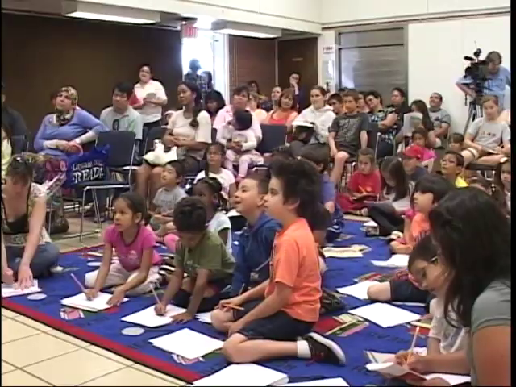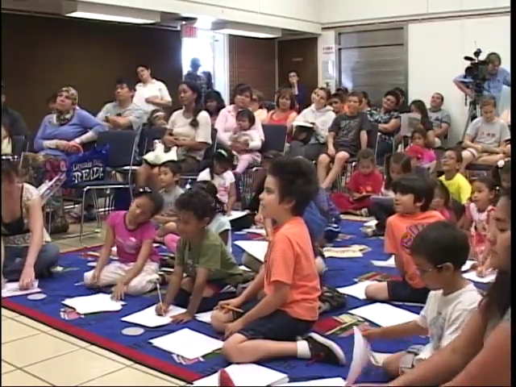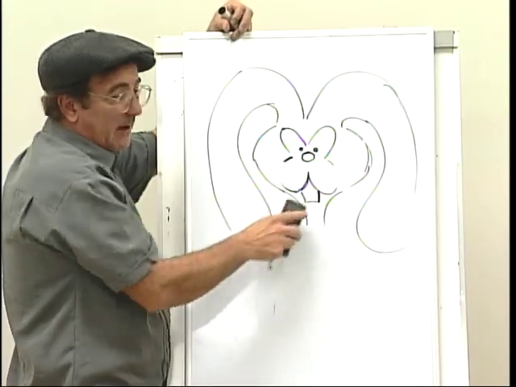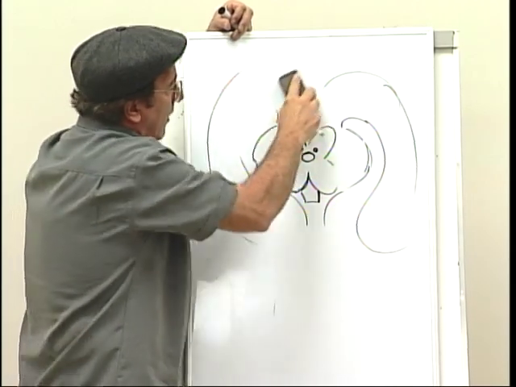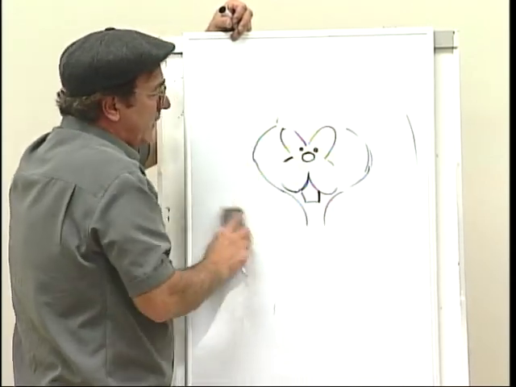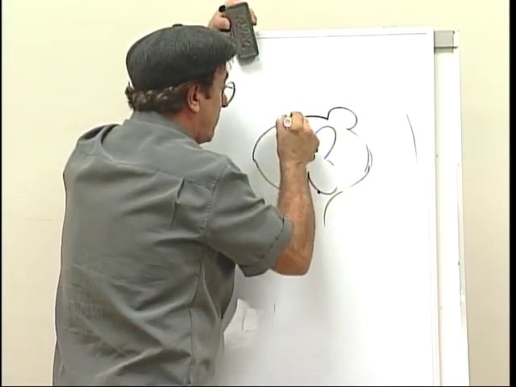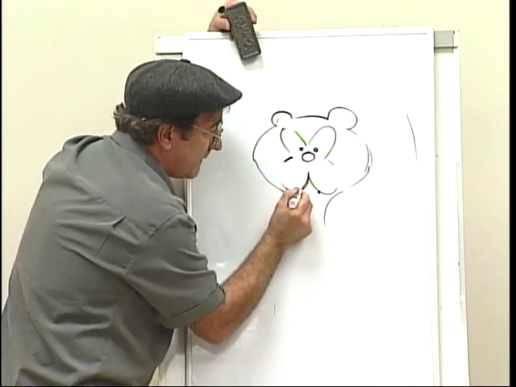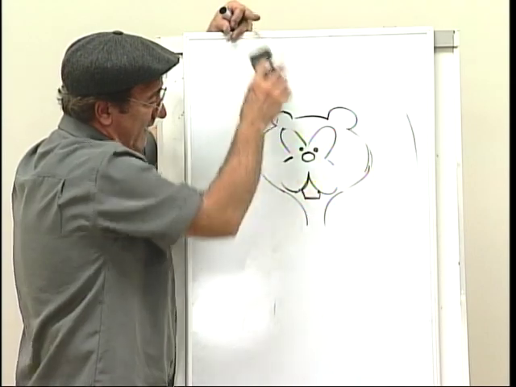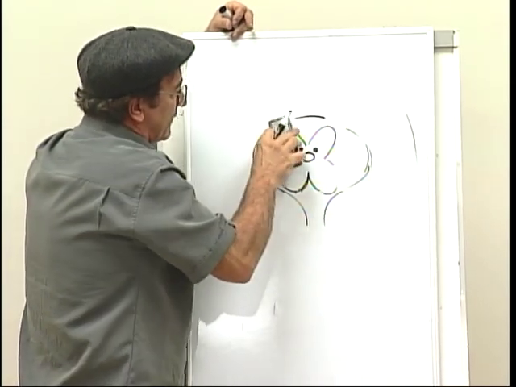Okay, if I do a rabbit, I might want to do this. Put a little bucket shape there. Okay. See, we're all creating together. How about if I do this? How about if I just do this? And now, could be more like a chipmunk, right? Could be a beaver. How about if I did this?